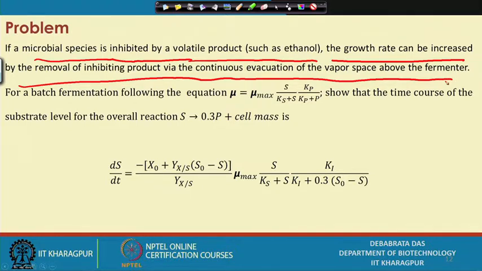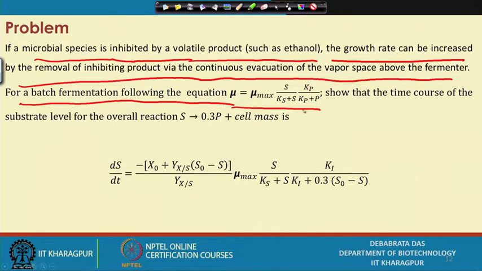If we apply vacuum, since the boiling point of ethanol is less than that of water, even at normal temperature the alcohol will vaporize out. Then the product inhibition due to ethanol concentration can be overcome. That is exactly what they have mentioned here.